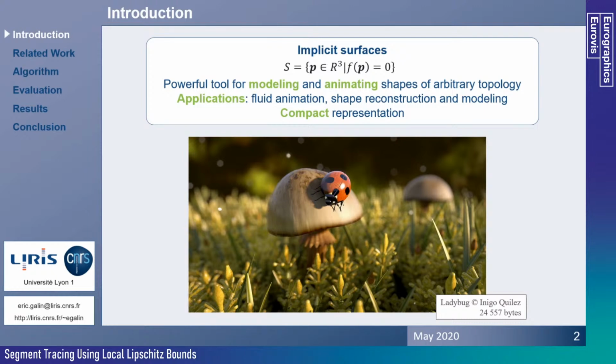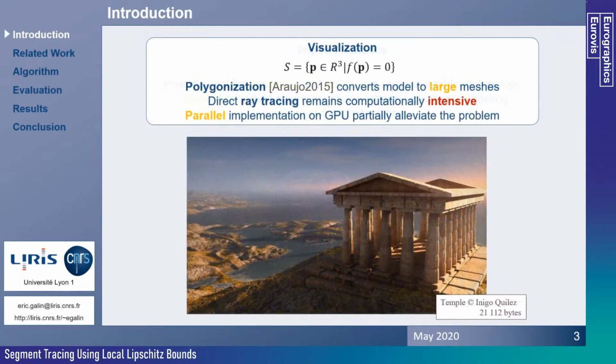Procedurally defined implicit surfaces have gained popularity by the beautiful procedural models developed by Inigo Quilez, such as this beautiful ladybug surrounded by grass blades and mushrooms. While implicit surfaces are powerful for modeling elaborate shapes, visualization remains a computationally intensive process.